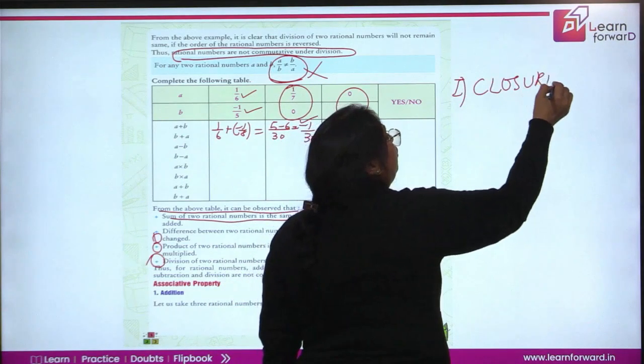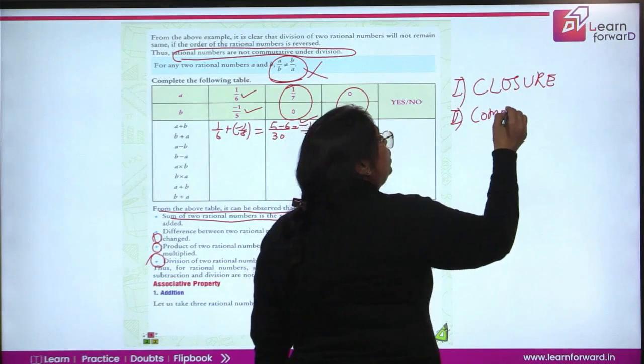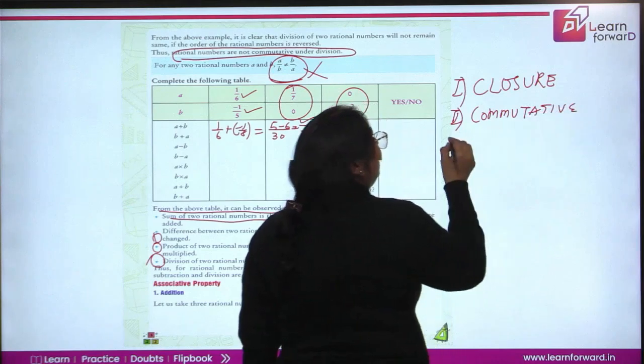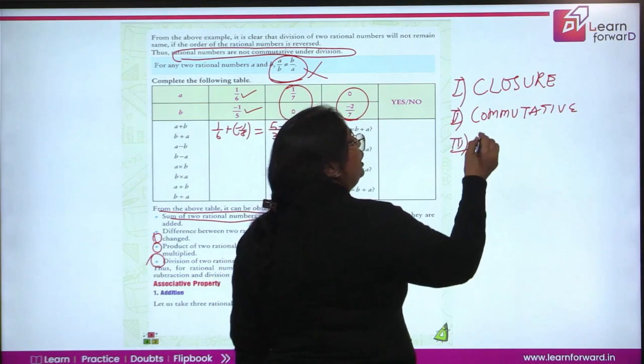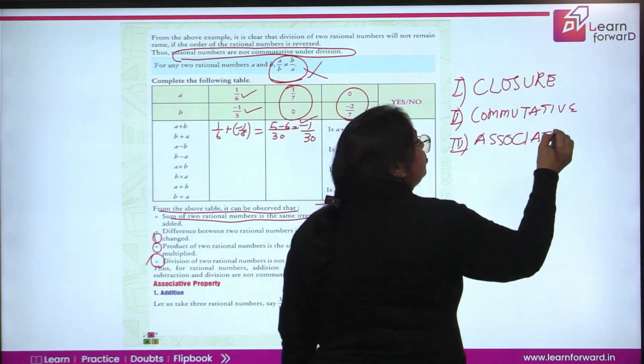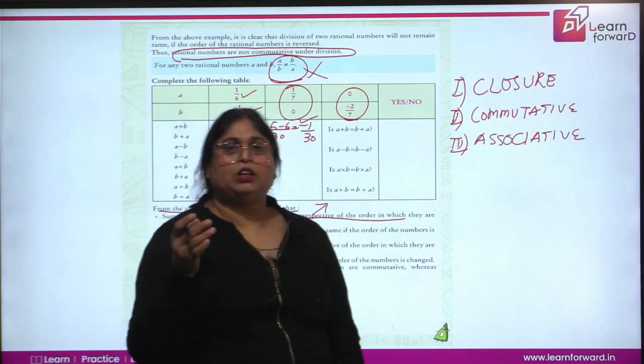Second, we have taken commutative property. Third one, we are taking associative. These are all the properties we are taking for rational numbers.